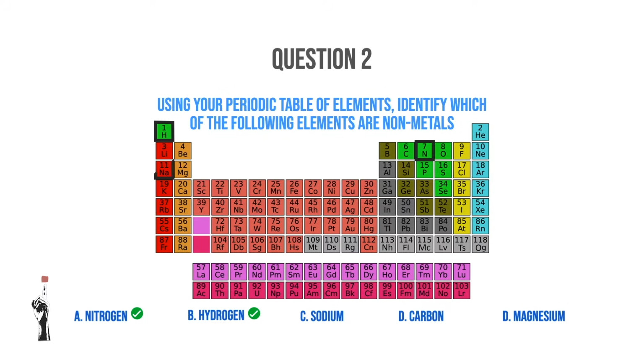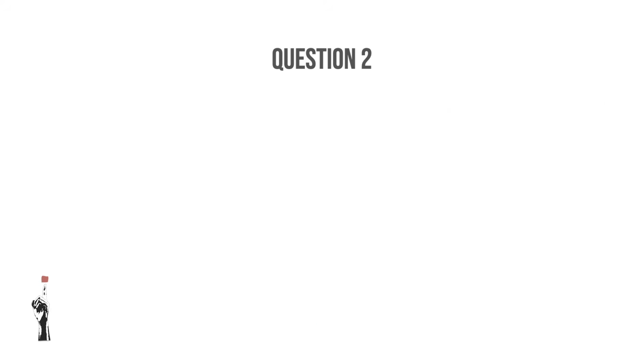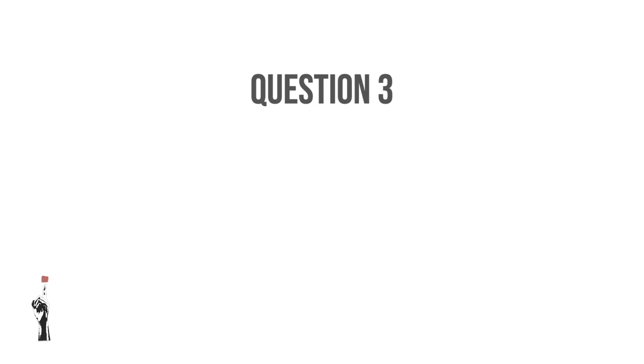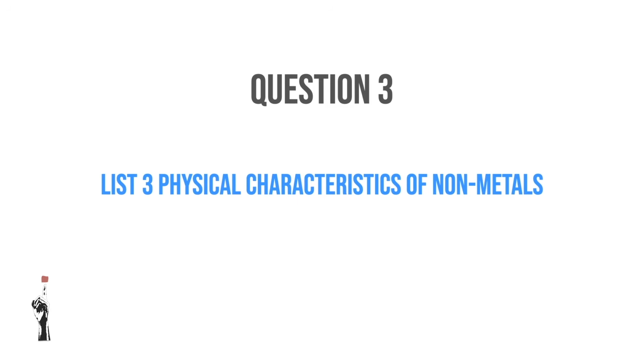Sodium, located on the left-hand side as well, is a metal. And carbon, located on the right-hand side, is a nonmetal. Magnesium, as we learned in our previous lesson, is a metal. For our third question, can you list 3 physical characteristics of nonmetals?